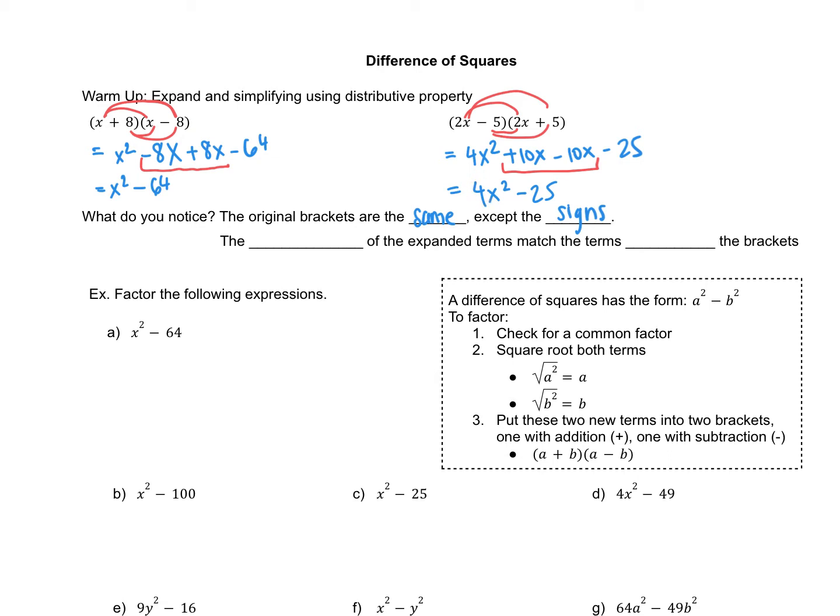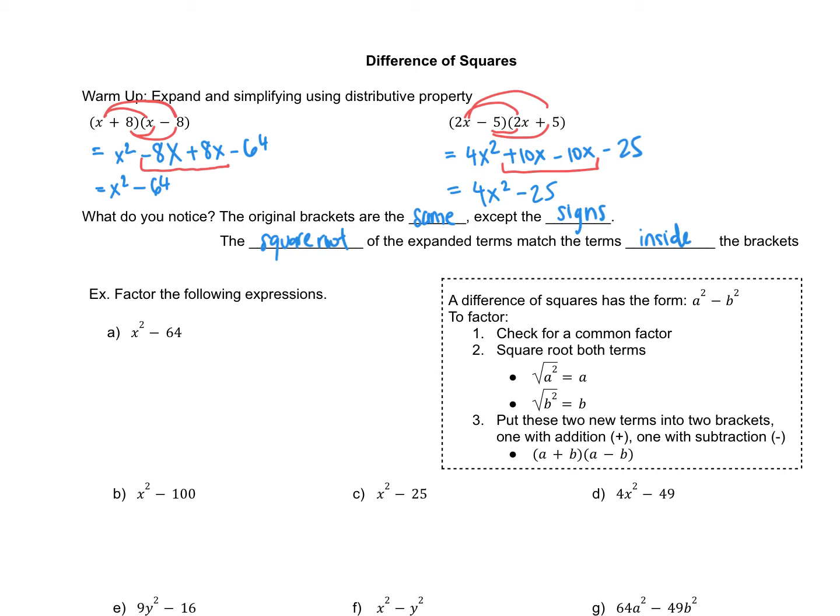The square root of 4 is 2. The square root of x squared is always going to be x. The square root of 25 is 5. So when you square root the expanded terms, it matches the terms inside those original brackets.